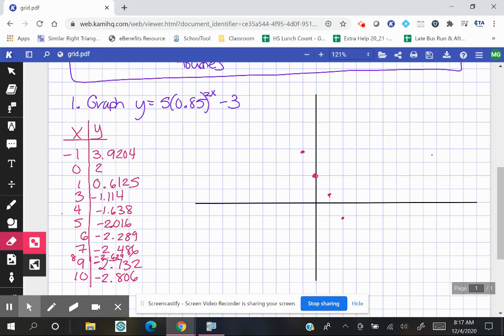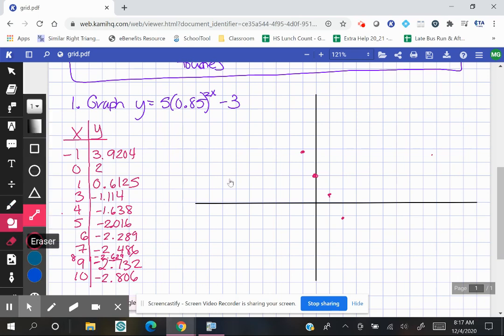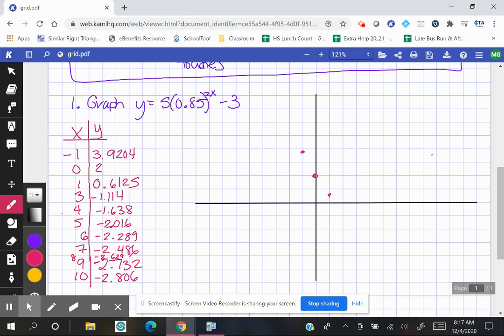Sorry about that. I'm just going to redo mine. 1, 2, 3 is... I see there's 2.